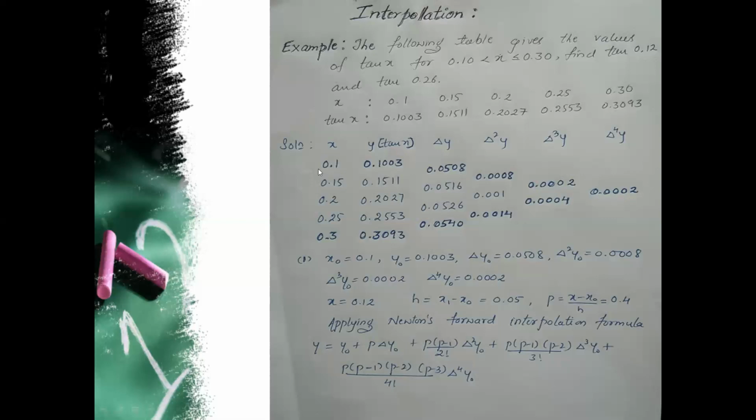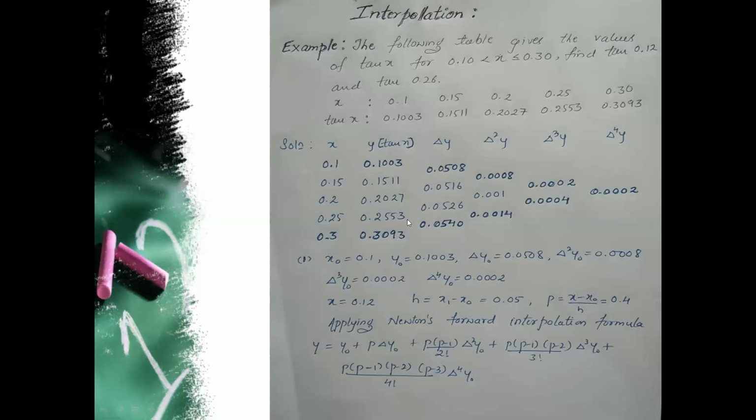Now for the forward interpolation formula, we will take the first values in the table as the leading values, and when we use the backward interpolation formula, the last values in the table will be taken as the leading values.